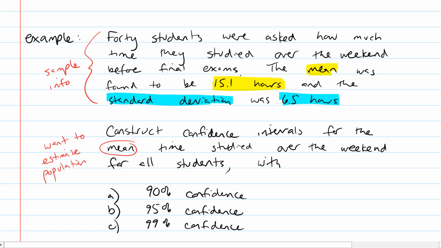So we have sample info, we want to estimate the population info based on the fact that we haven't measured everybody for some logistical reason. We've only measured some of them.